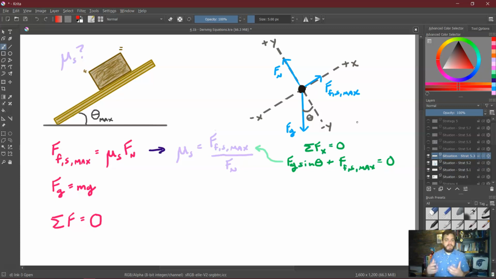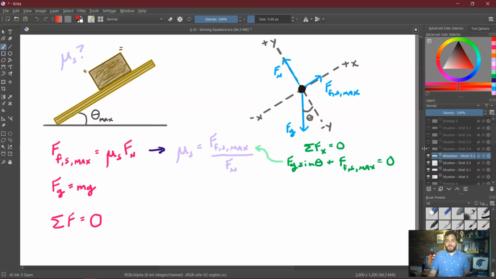The sigma Fx is equal to 0. Well, this piece here is Fg sine of theta. So Fg sine of theta plus the friction force equals 0. And that demonstrates to me that these two forces must be of equal magnitude. So I can stick in Fg sine theta for that static friction force.